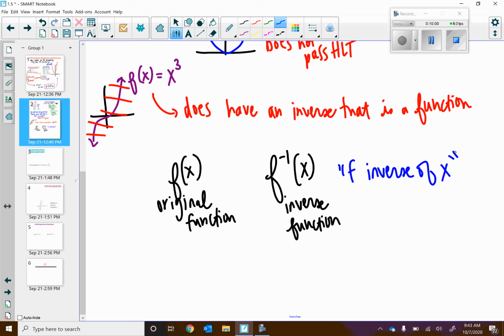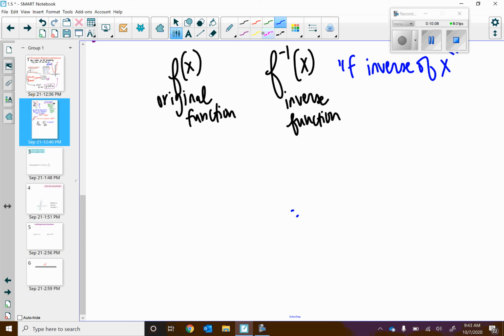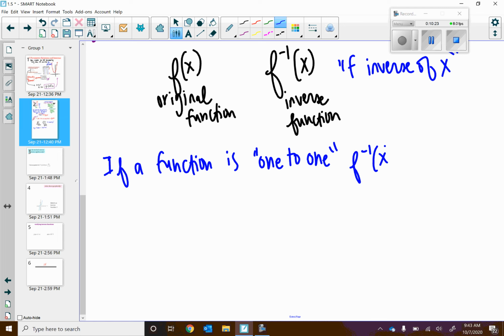That's how I would read this. And the last thing on this page is a statement about what it means to be one-to-one. So if a function is one-to-one, f inverse of x exists.